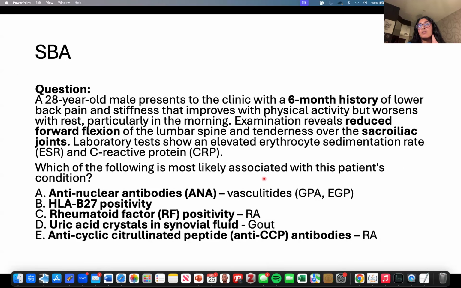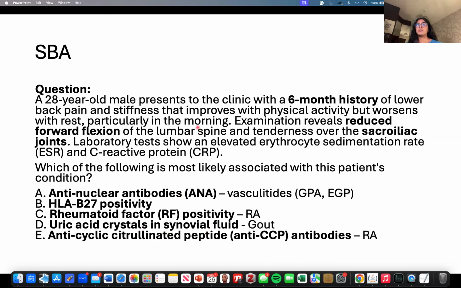So ANA, like we said, we're not getting any of these other symptoms that we'd expect, like lung problems, nose problems. Rheumatoid factor. This is unlikely to be rheumatoid arthritis because of the joints that are affected, although the pattern of improving with physical activity matches. Uric acid crystals in synovial fluid would be gout.